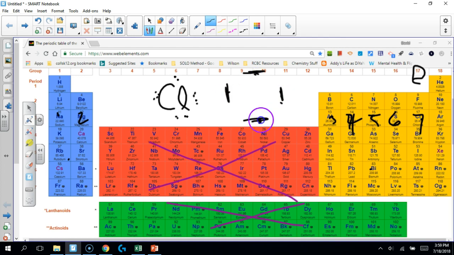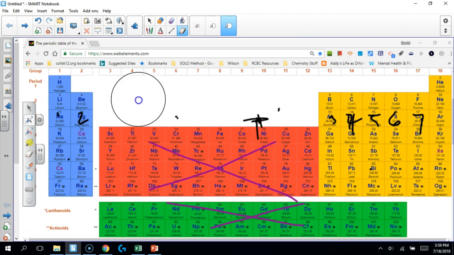So I just say play mat ball until you run out of bases. The number of bases you have to go is the number of valence electrons. You start here, and you go 1, 2, 3, 4, 5, 6, 7, 8, and then you get home, and then it's good. That's how I tell people: play mat ball.